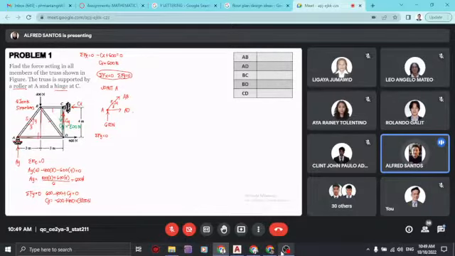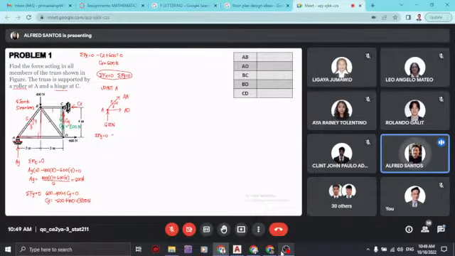So, kung Fy yung gagamitin ko, masosolve ko na kagad si AB. Ngayon, kung Fx yung gagamitin ko, dalawa yung unknown doon. No, merong X si AD, merong X si AB. So, dalawa yung unknowns. So, unahin na natin si summation Fy.